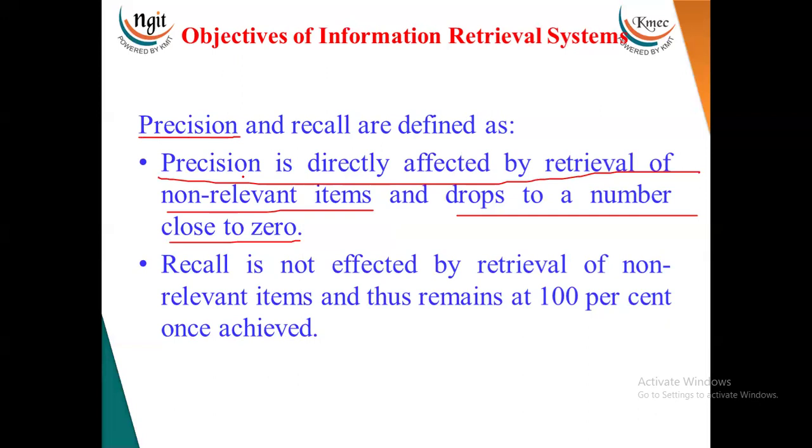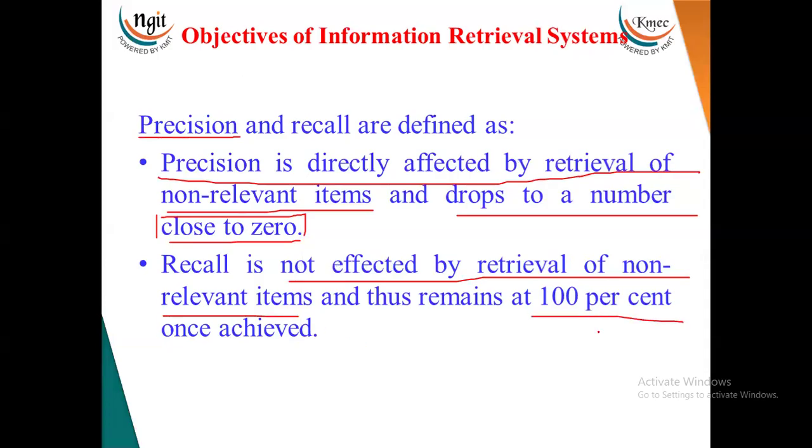So remember, precision should always be very low. The precision is affected by retrieving non-relevant items, so it should be close to zero. But recall is not affected by non-relevant items.